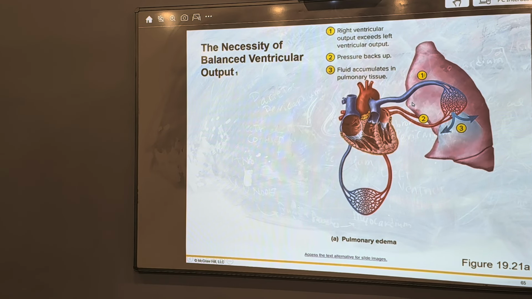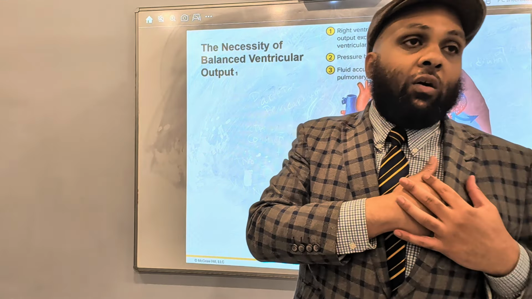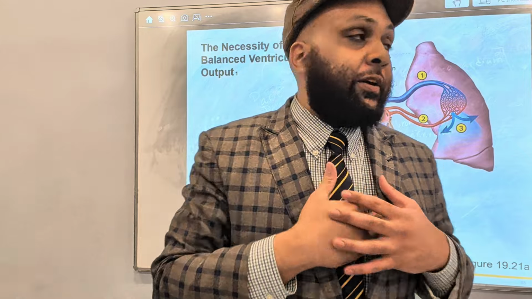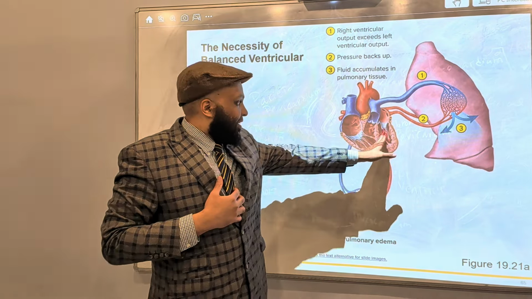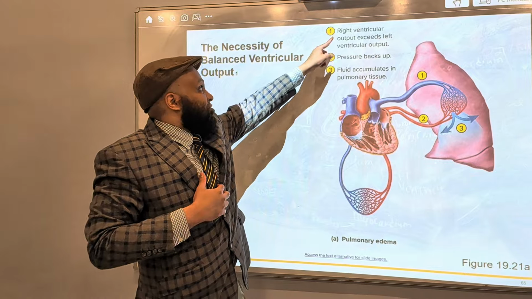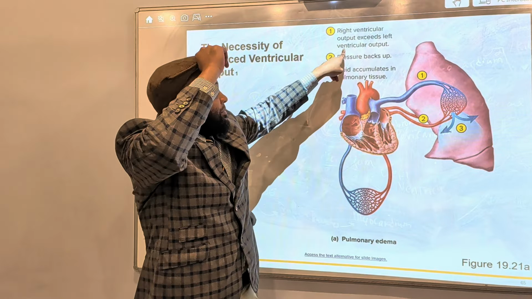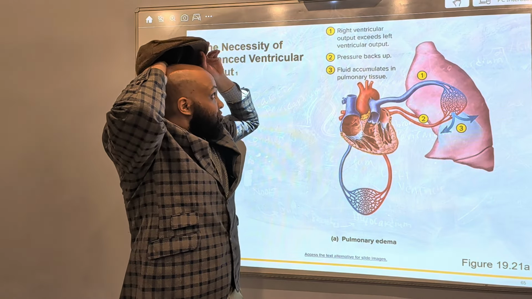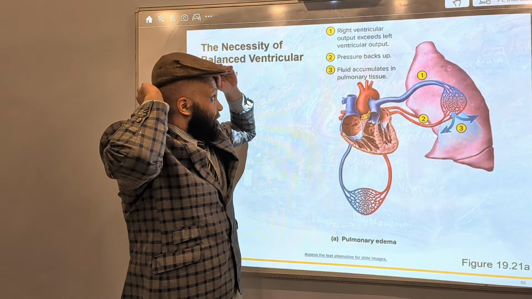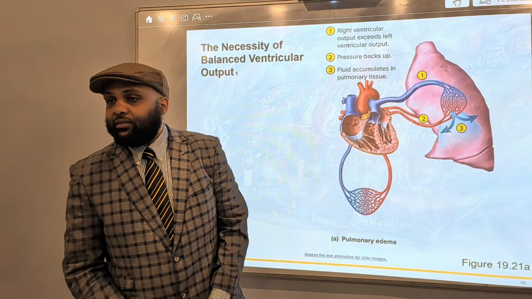Guys, these two slides are very important, showing you the difference with someone who has left-sided heart failure and right-sided heart failure. If there is a left-sided heart failure, that means the right side will exceed the left ventricle. If I tell you one of my patients' right ventricle output exceeds the left ventricle, what does that mean?